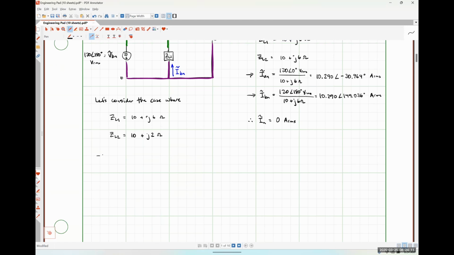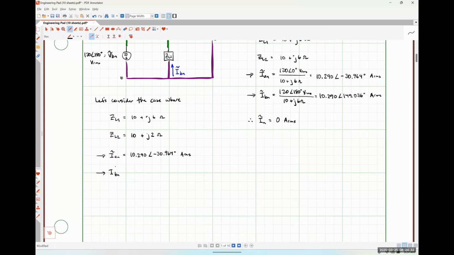So we know from the previous example that IAN is going to be 10.290 with an angle of negative 30.964 degrees amps RMS.